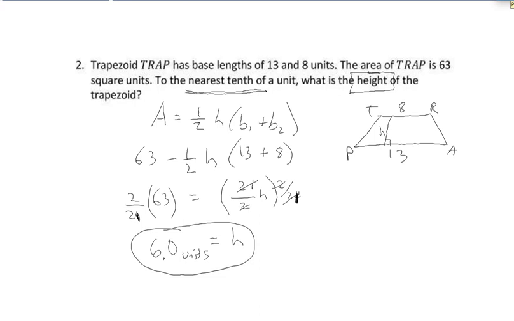And again, this is units, but they said round to the nearest tenth, so 6.0 units.